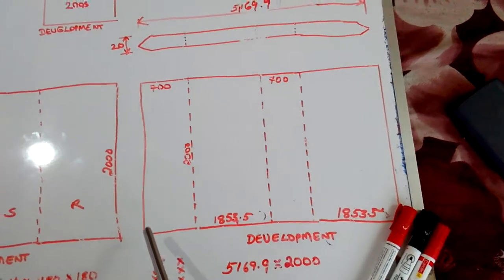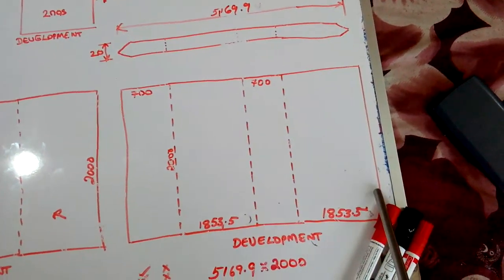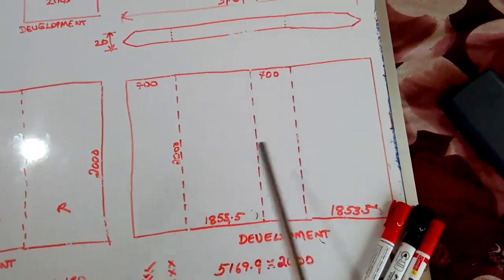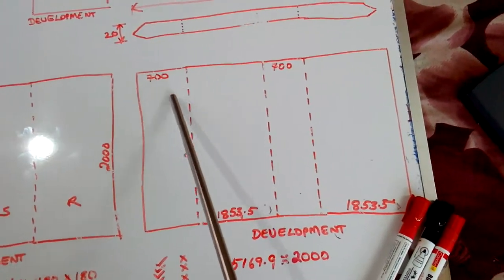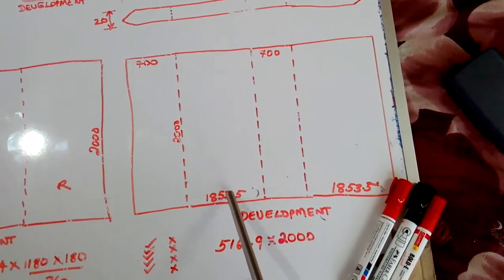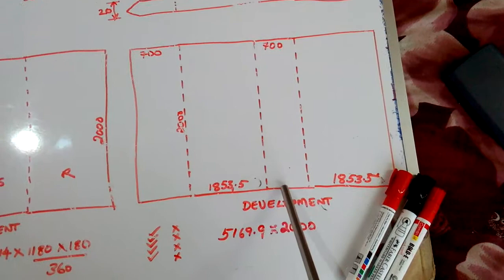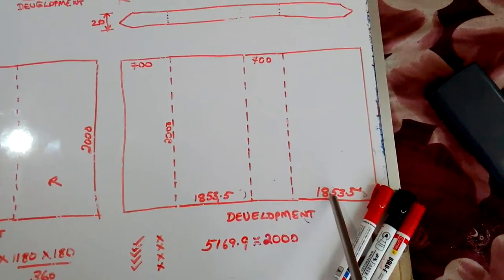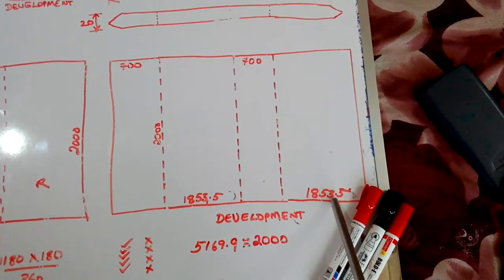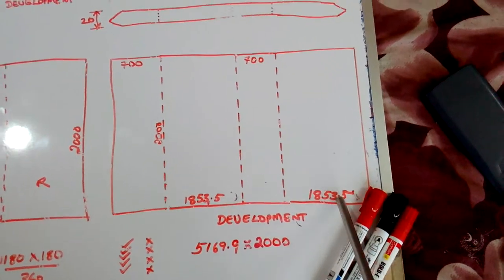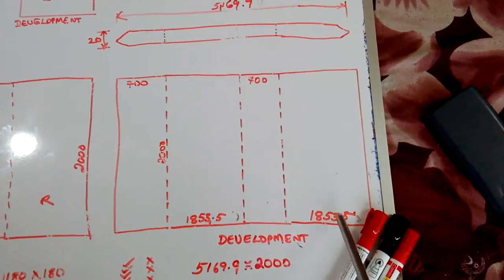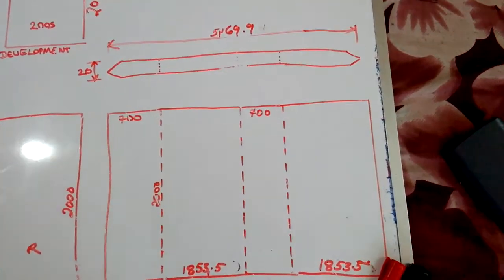So what should be the length from here to here? Total length will be, we have to add these all: 700 plus 1853.5 plus again 700 plus 1853.5. If we add these all together, we get 5169.9.